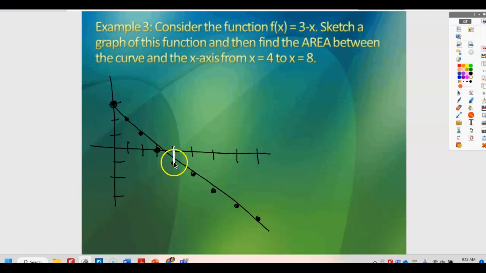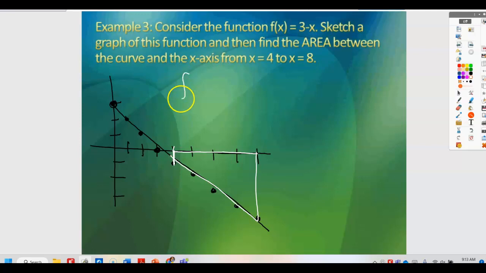So from 4 to 8, my curve is entirely below the x-axis. So area itself does not exist. However, the integral value would. The area does not exist because it's all below, but the integral would.